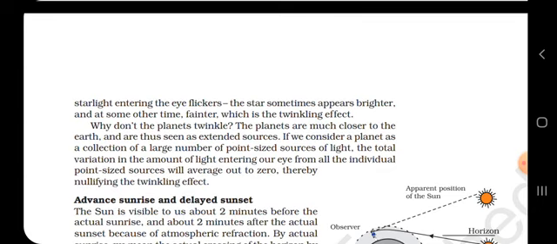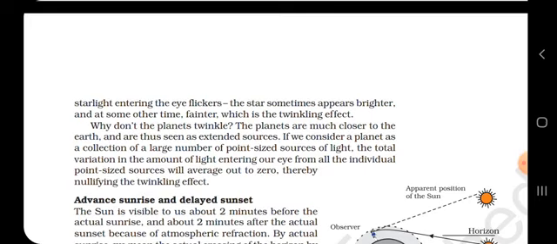Then the next topic is, why don't planets twinkle? See students, the planets are closer to the earth, as they are considered to be extended sources. In our galaxy, the 9 planets are much nearer to Earth than the stars.